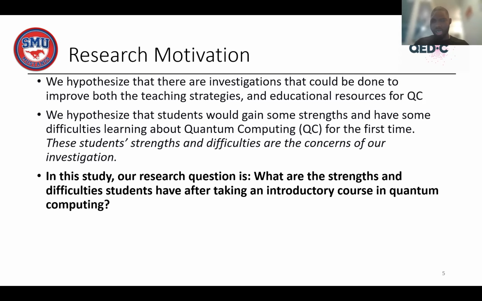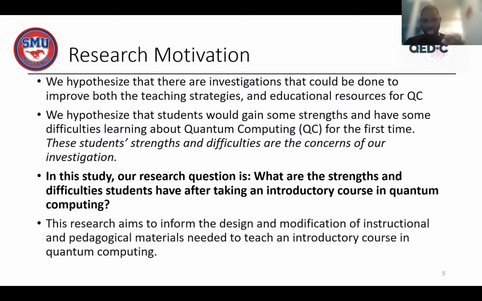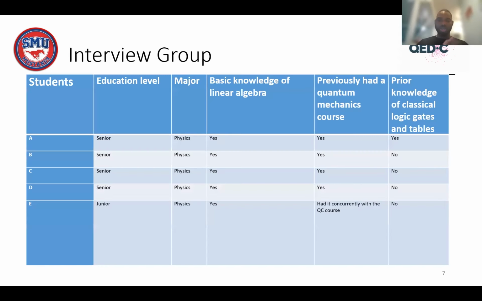For this particular research, we are investigating the strengths and difficulties of students, particularly senior and junior students, when they take a quantum computing course for the first time. For that investigation, we used students that took the course for the first time.